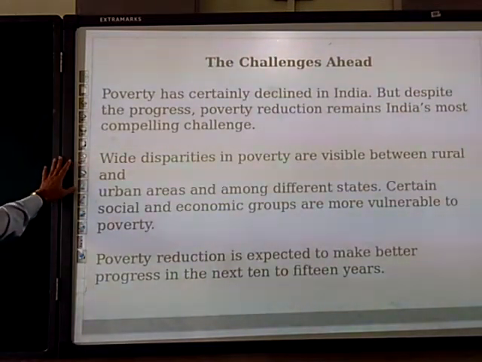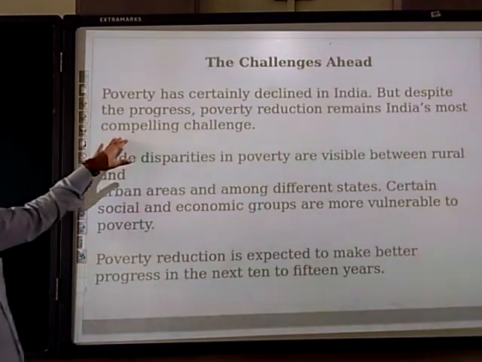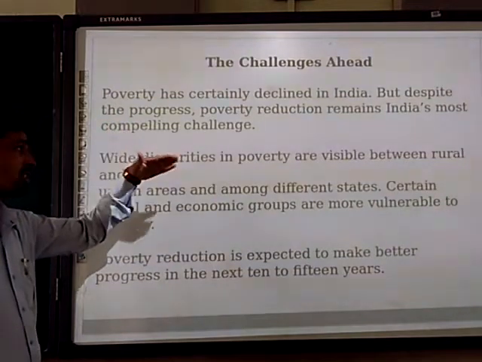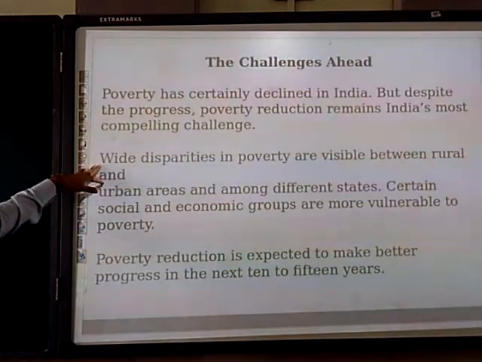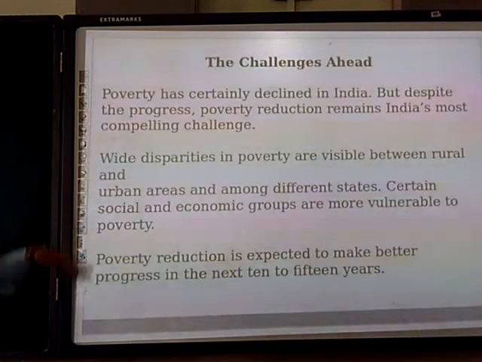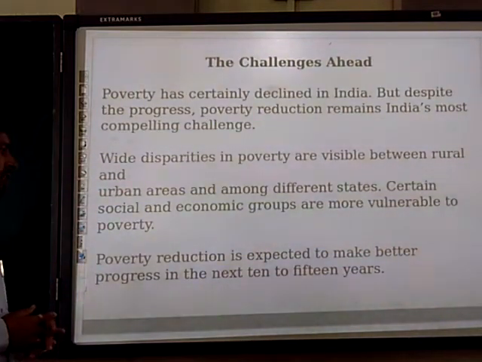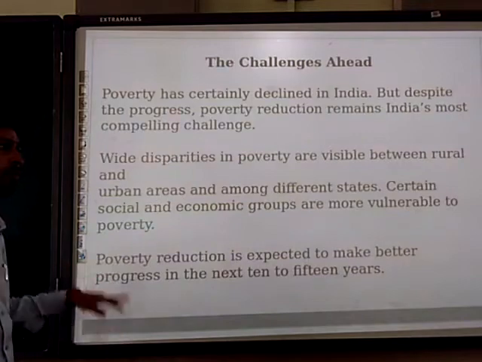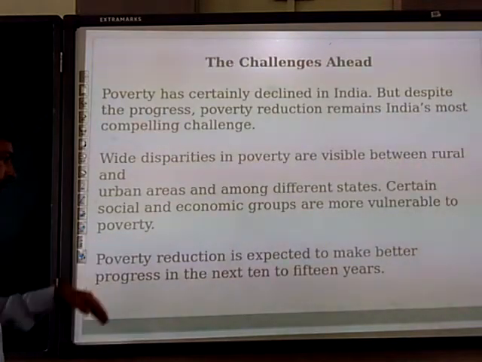Poverty has certainly declined in India, but despite this progress, poverty reduction remains India's most compelling challenge. The challenge is still ahead. Wide disparities in poverty are visible between rural and urban areas and among different states. Certain social and economic groups are more vulnerable to poverty.